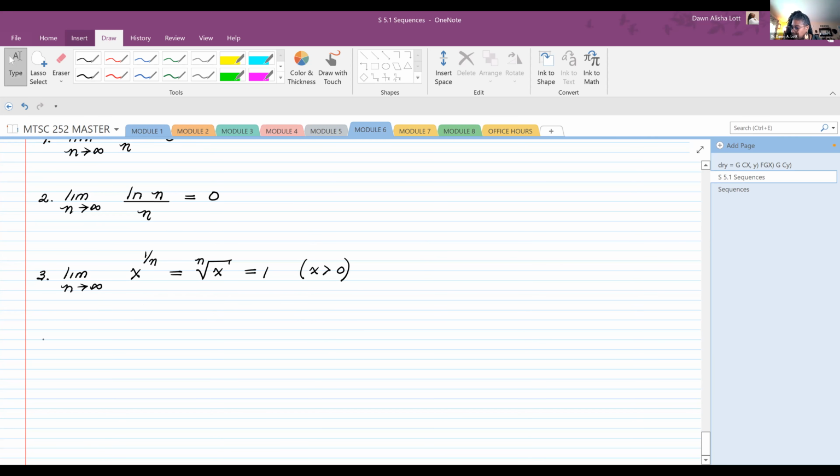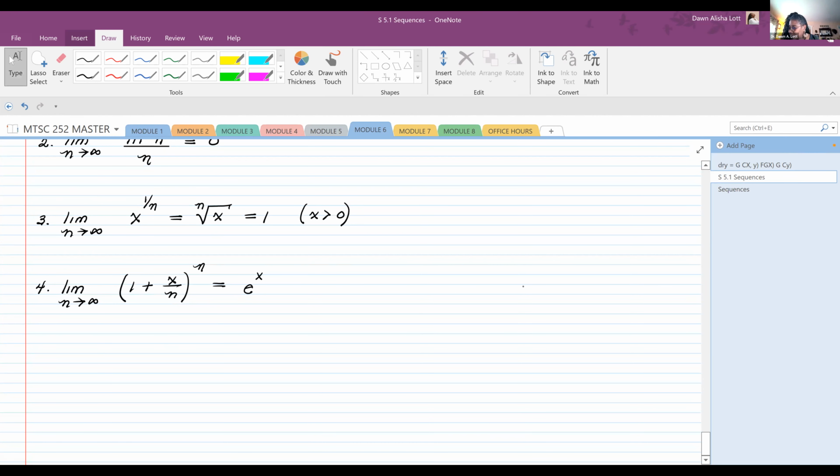Number four, the limit as n approaches infinity of (1 + x/n) raised to the nth power is the function e to the x.